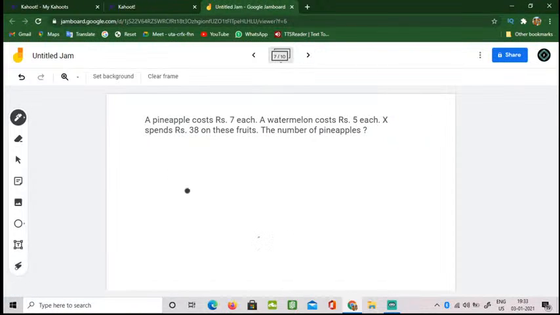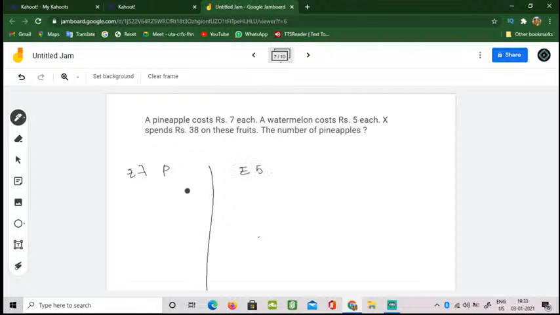So here, each pineapple costs 7 rupees, and each watermelon costs 5 rupees.